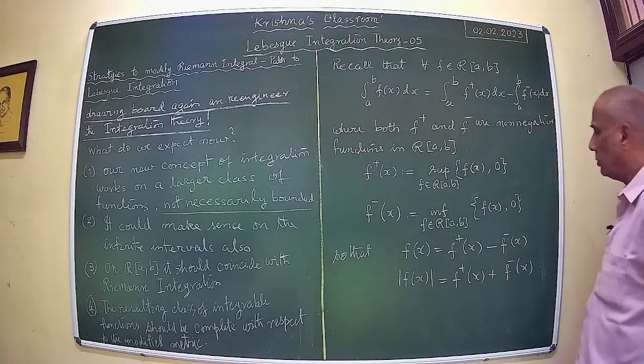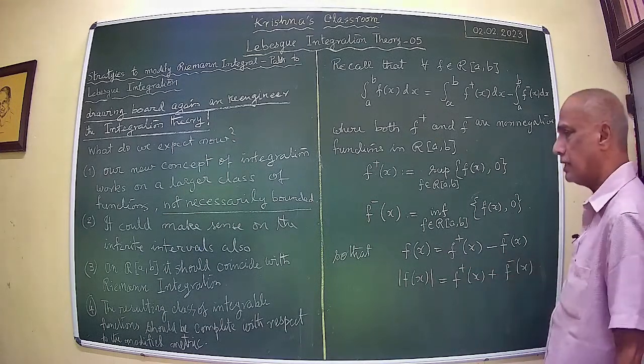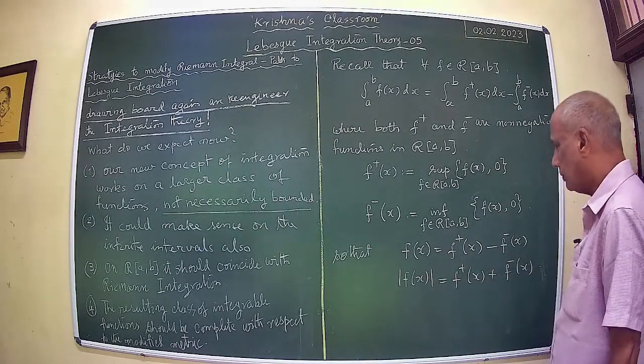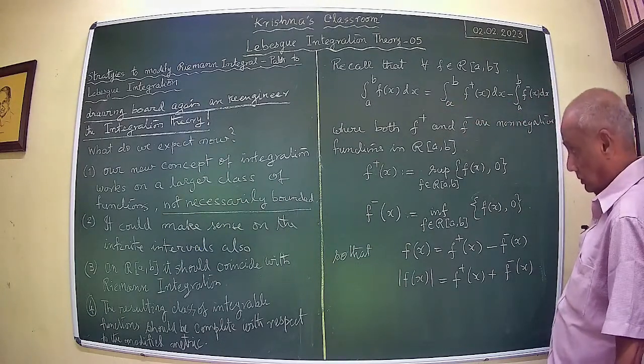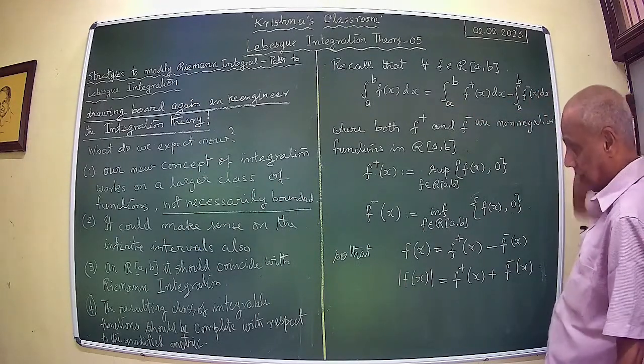And then we could prove that f plus and f minus are both Riemann integrable, and this result was true. So that was the strategy.